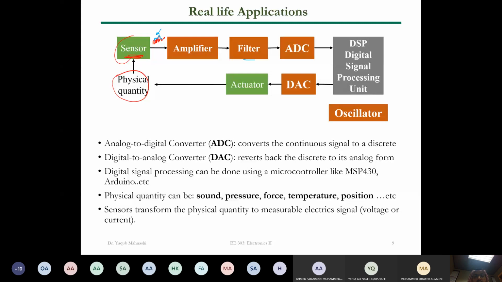And then if we have an analog signal here, we want to convert that analog signal to a digital signal, to 0s and 1s, or send it to the DSP, the digital signal processing unit, which is usually a microcontroller or processor or whatever. To do that, we need an analog to digital converter.